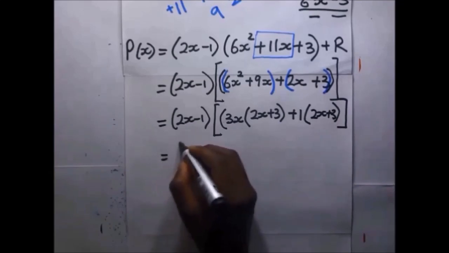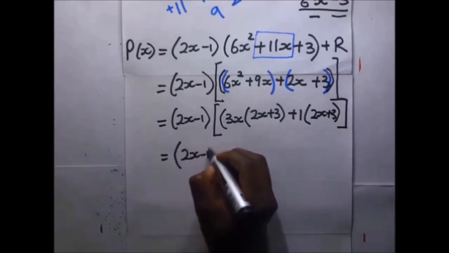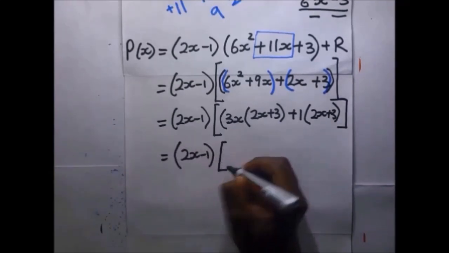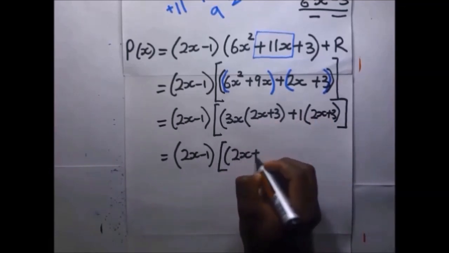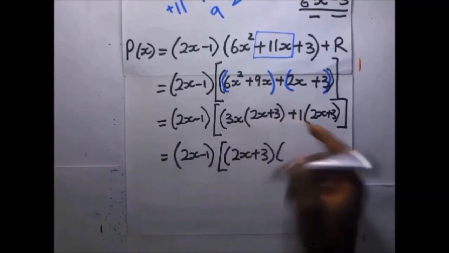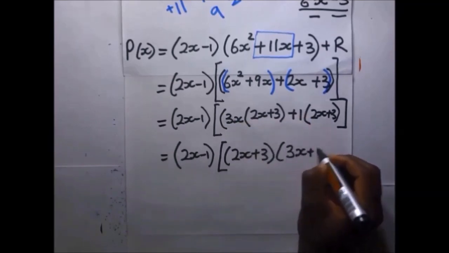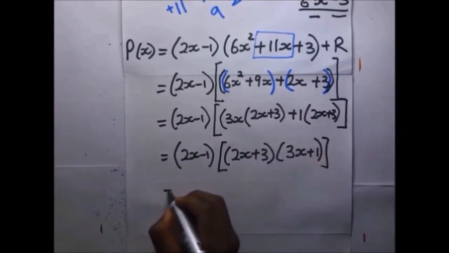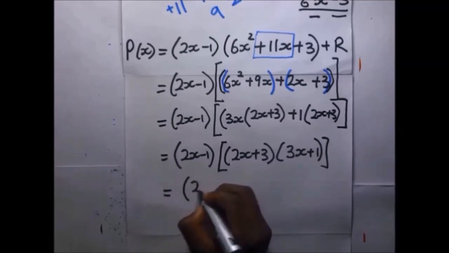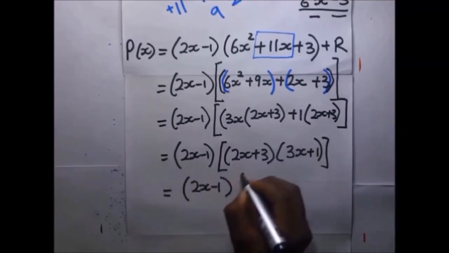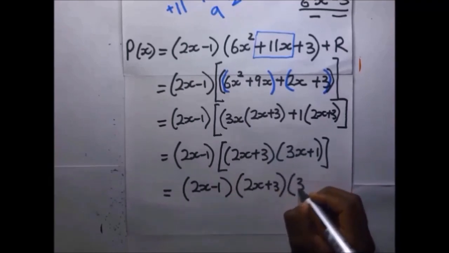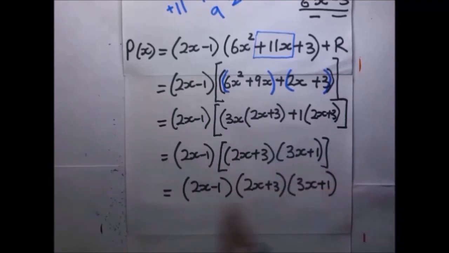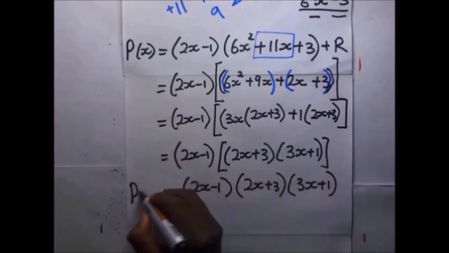So that's going to become 2x minus 1 into, what is inside the brackets is the same, so it's going to become 2x plus 3 into 3x plus 1. And our answer is going to become 2x minus 1 into 2x plus 3 into 3x plus 1. Now these are factors of this polynomial p of x.